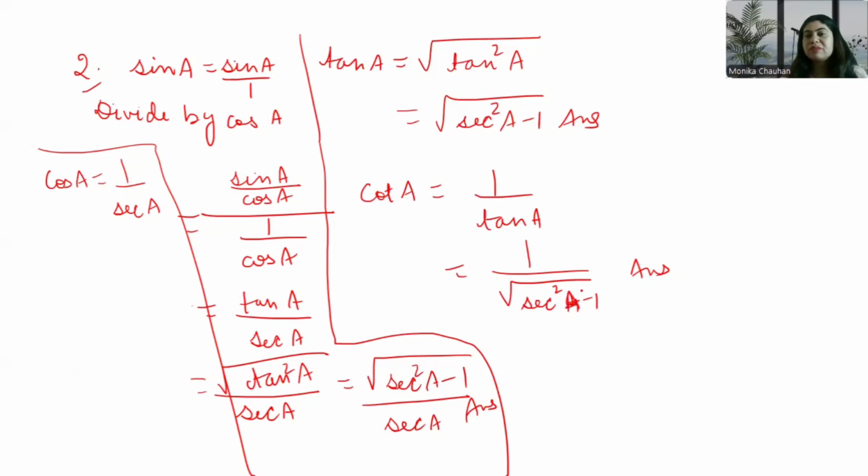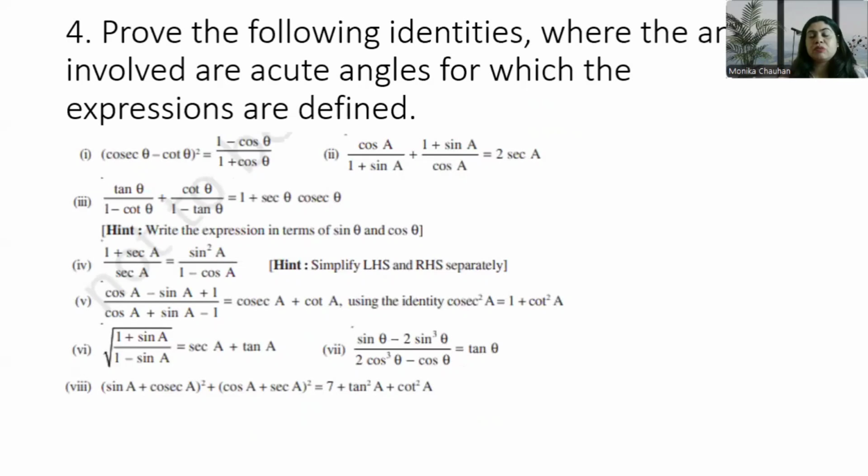I told you, in this you need a lot of practice as compared to the other exercises. I think it's done. Then we have question number 3. That's easy. So we will start with question number 4. So here we have to prove left side, right side, and we have around 8 parts which we have to prove, and somehow all these 8 parts look different.